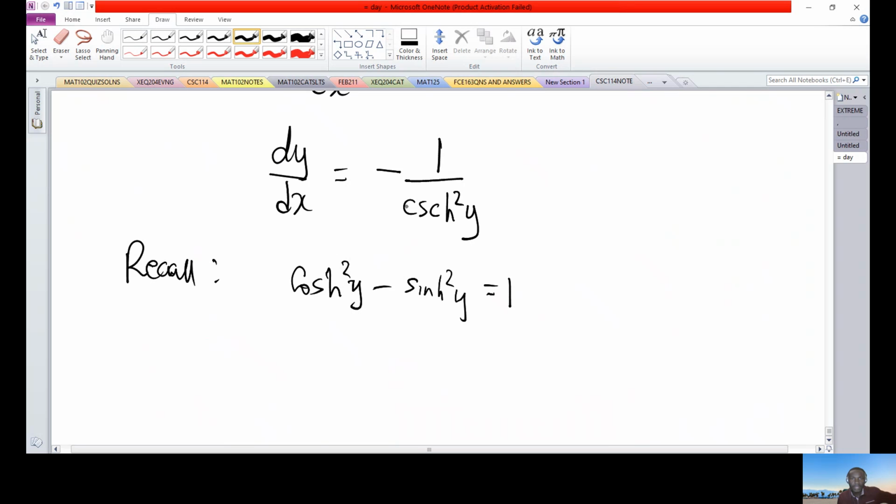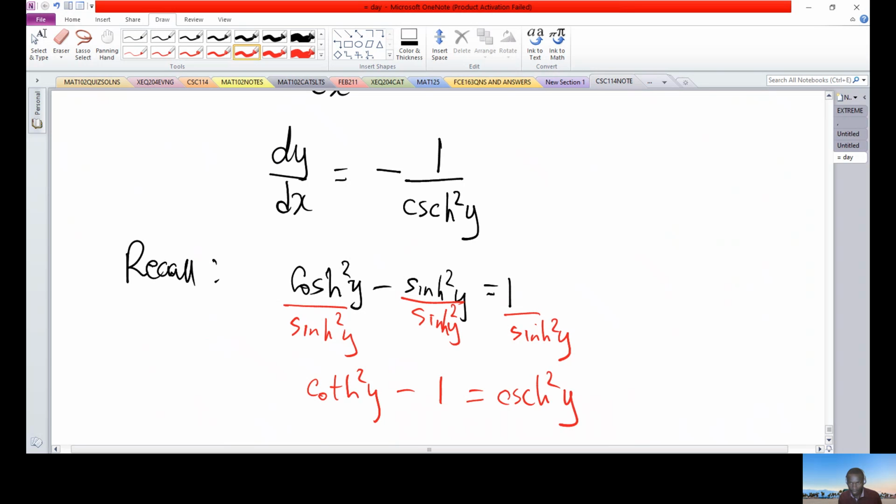So to get cosec, we divide through by hyperbolic sine squared of y. So this cos over sine will be cot, minus 1 equals, so this one will define cosec squared y.